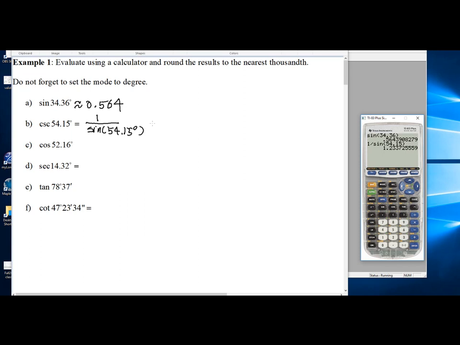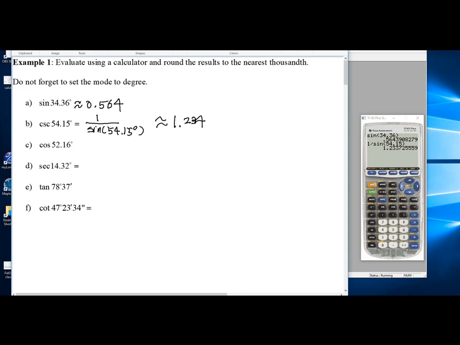Then this will be your cosecant number, and to the nearest thousandth it will be 1.234, since 7 is bigger than 5, rounded up.